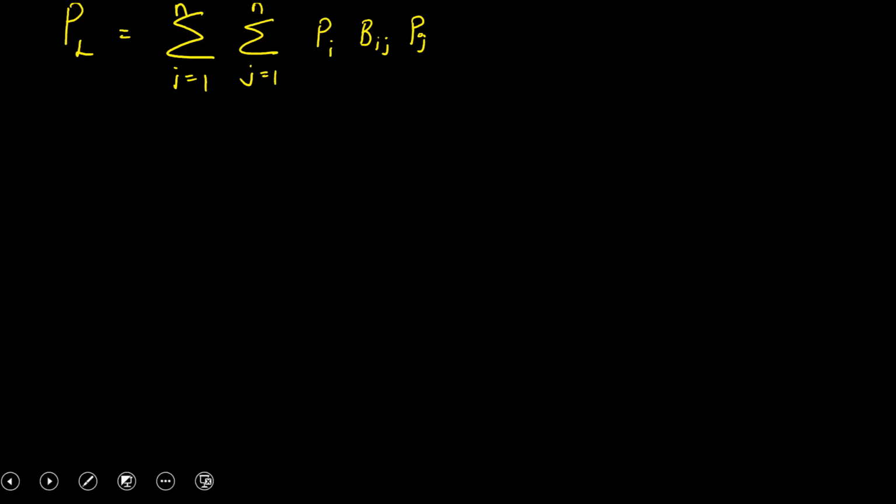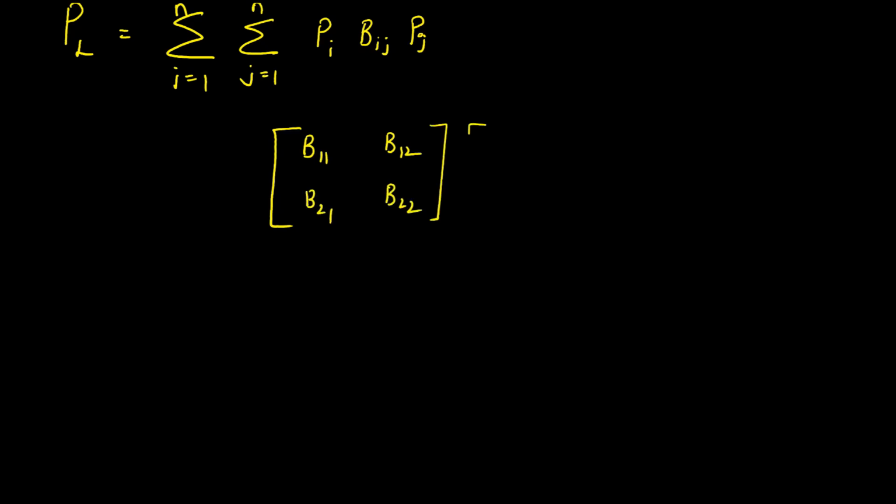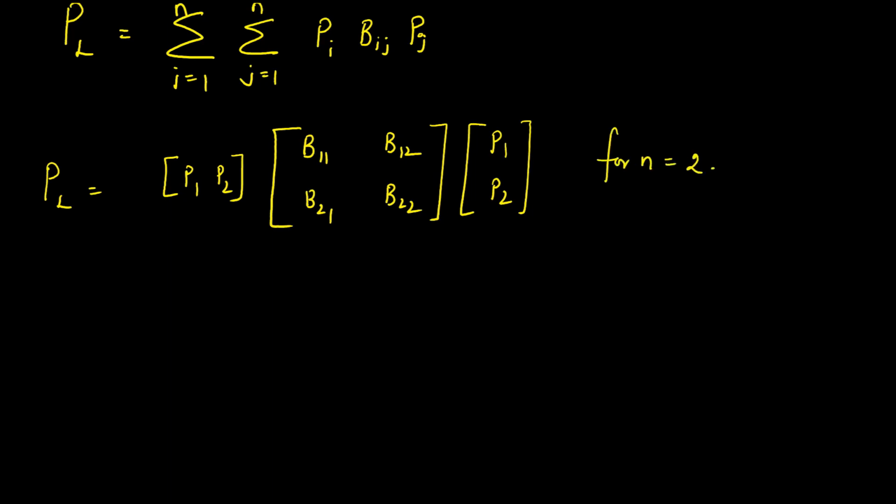in matrix form, you can write this as, for a 2 bus system, B11, B12, B21, B22 multiplied by P1 P2 on one side and P1 P2 on the other, for n equals 2. And you remember it is a symmetric matrix.